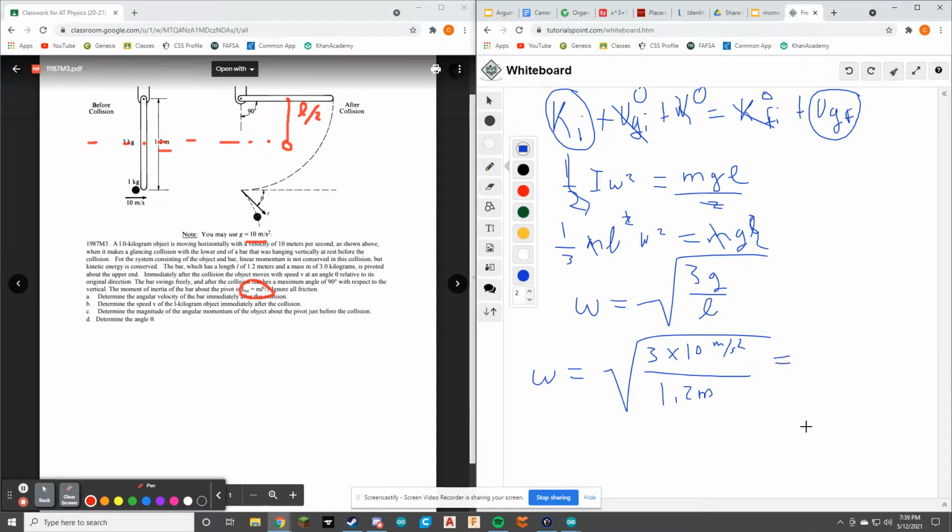Plugging that into the calculator, we get that right after the collision, the angular velocity is 5 radians per second.